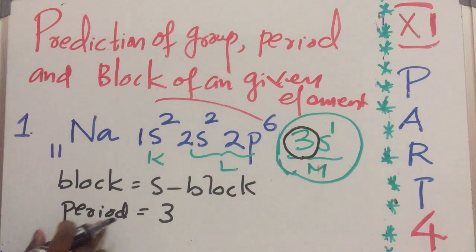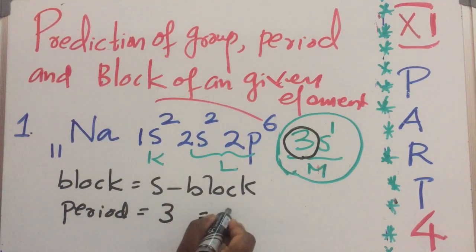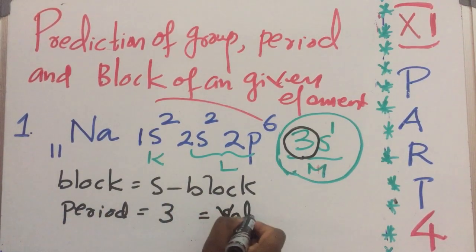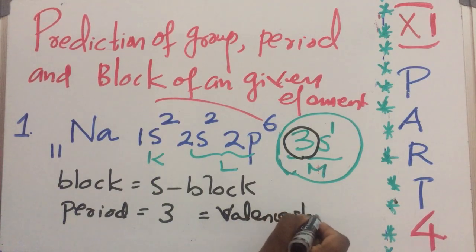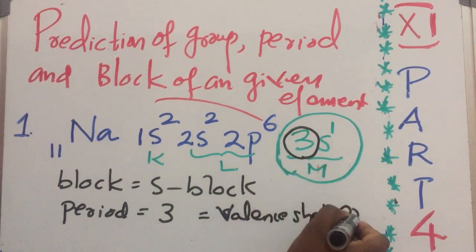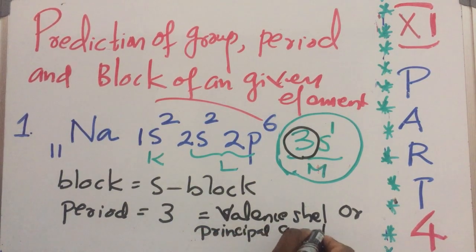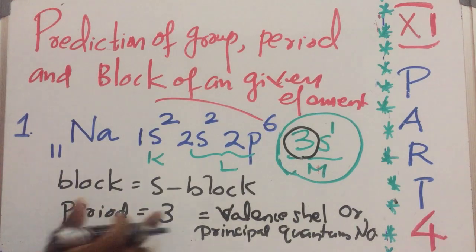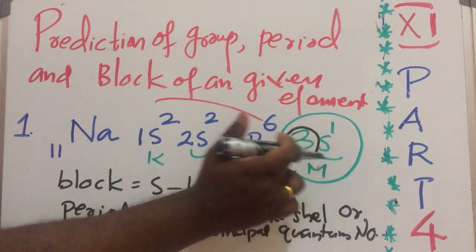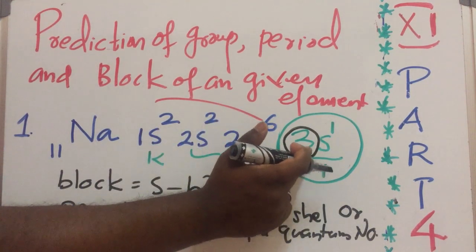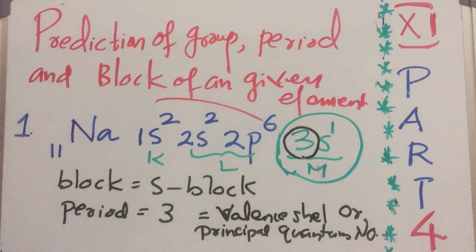So period is always equal to the valence shell number, which is also called the principal quantum number. So how to find period? From the shell number, the last shell number, the valence shell number 3.